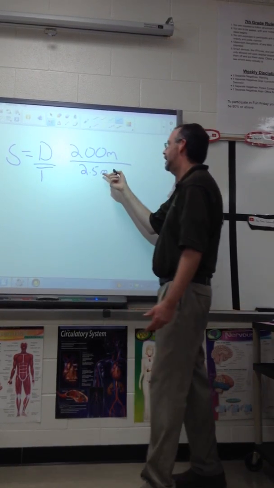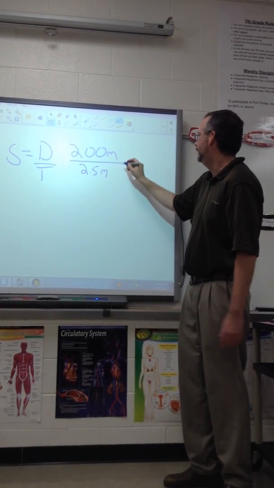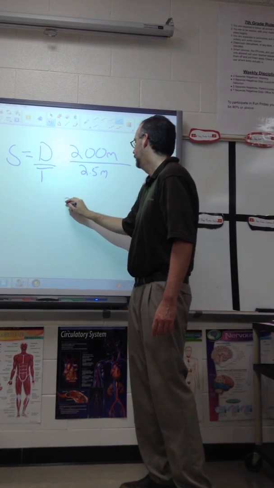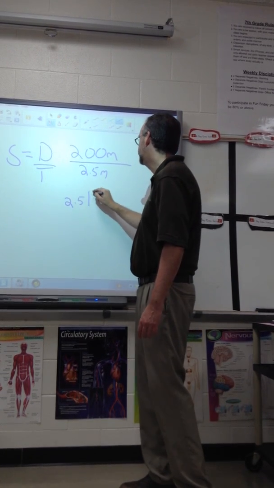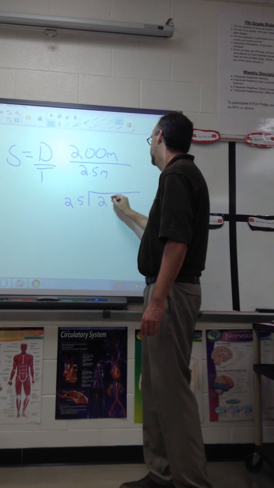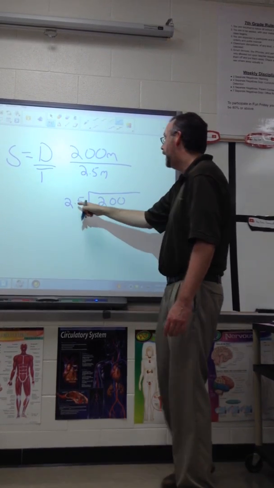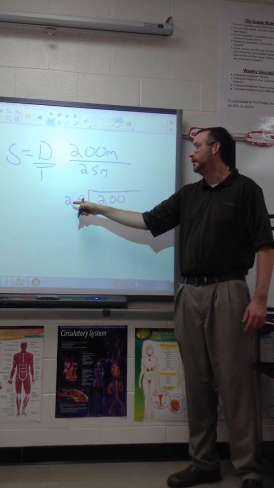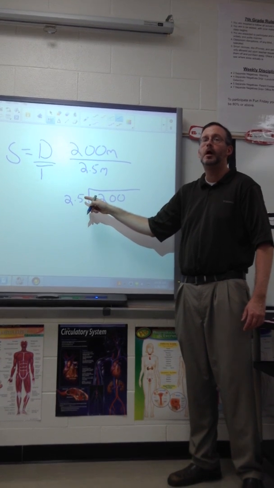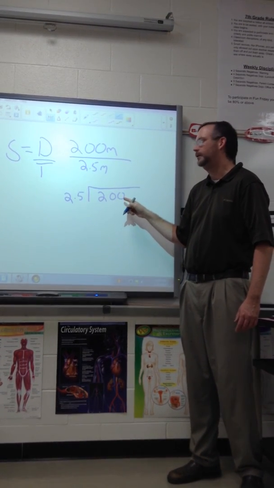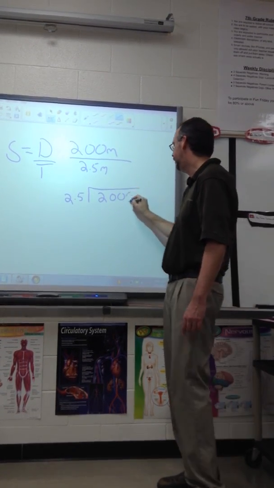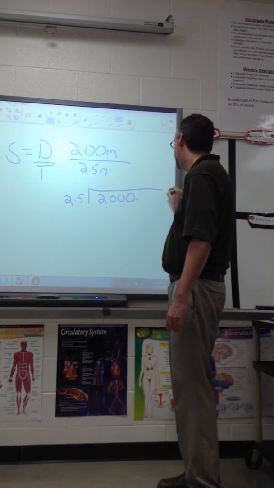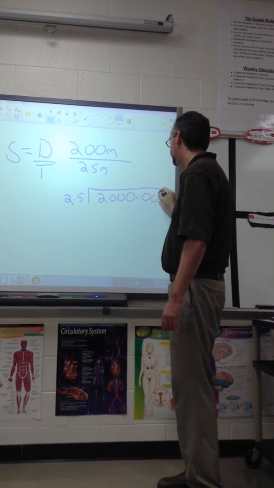Oh, this one's a little tricky. You have to move the decimal. Yes, you got to move the decimal. So you got 1 decimal spot, so you got to move it 1 over. So that means inside your division house, it's 2,000. Got to add a 0. And then carry it out 2 places.